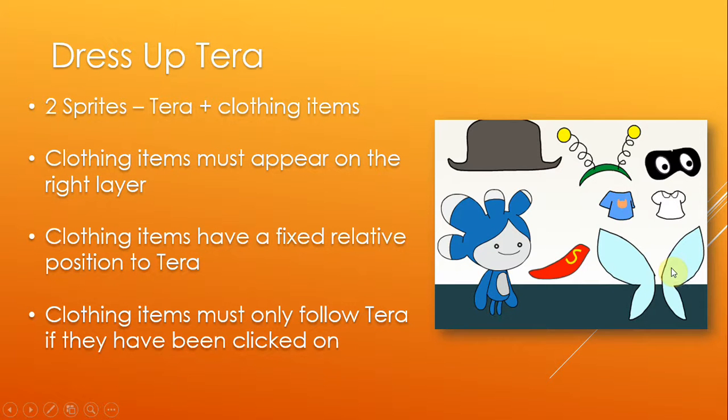When you click the wings, they must go to a certain position relative to Tera, and that relative position is the difference between Tera's center and the center of the wings. That difference between their 2 centers is our offset. And the clothing items must follow Tera if they have been clicked. So if I click on the wings and then drag Tera to another position, the wings must glide to her new location.